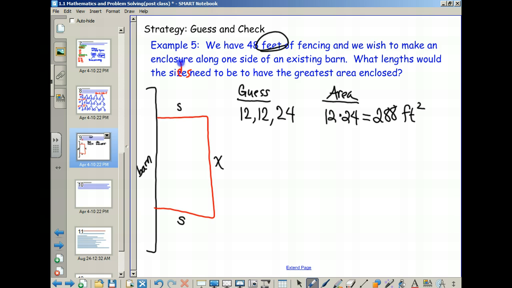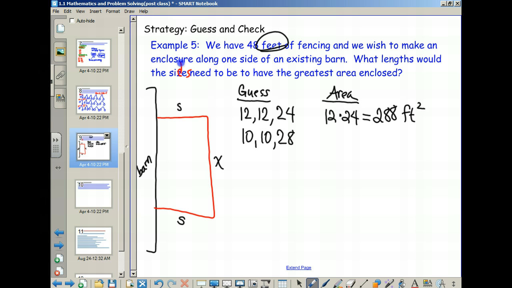So somebody else, give me another option of something I could guess. 10. So if I did 10, I'd have 2 10s and what? 28.